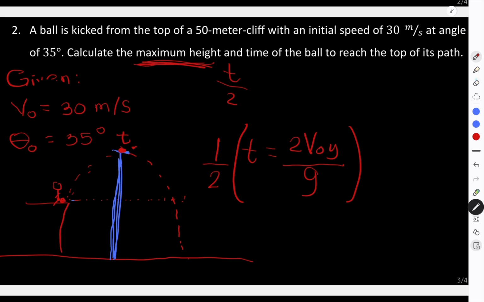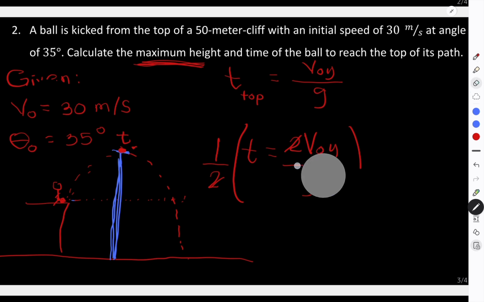So instead of writing the t over 2, we just simply put t for the time at the top. Okay? So t sub top. You divide both sides by 2, it means we can cancel this side. Which means, in this case, what we get is the initial velocity in y component over the gravity.